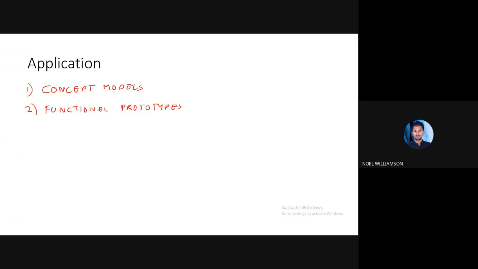That is functional prototypes. And one more, supporting parts. Creating the support parts like jigs, fixtures, and so on. So these are the main applications of fused deposition modeling. So we'll see one animation for this.